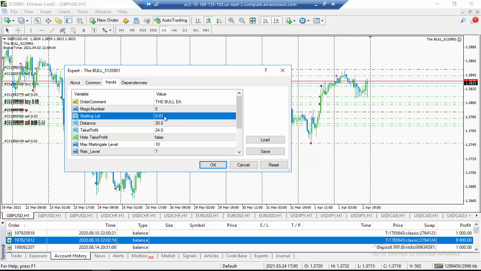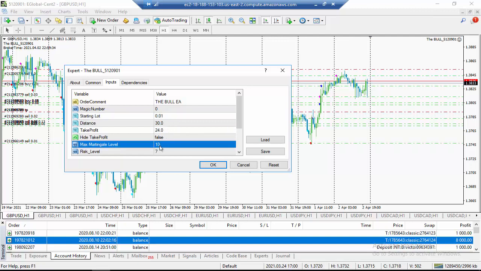Okay, 0.55 and 0.89. That means the highest lot that I want to expose here, if I put this one 10, is 0.89.